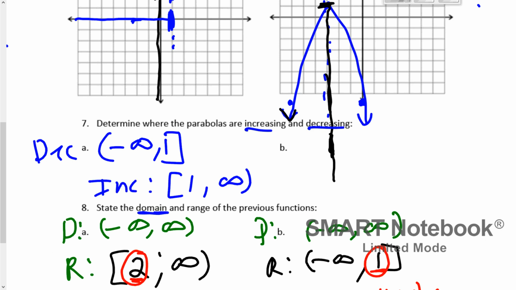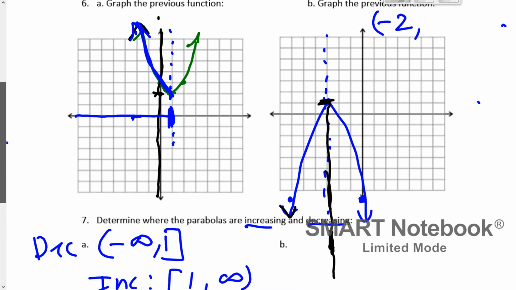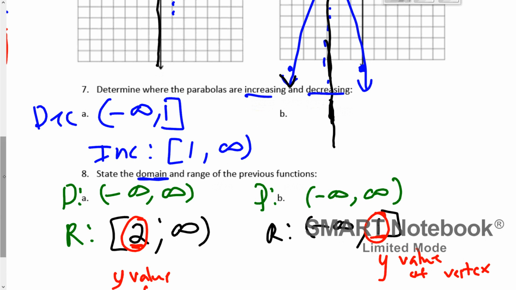So I don't really have to look at the graph for the rest of it, but I can. As I draw this line, I'm going up in my graph. So as my x's continue, my graph is going up. So it's increasing from 1 to positive infinity.